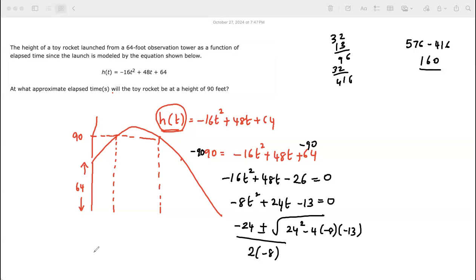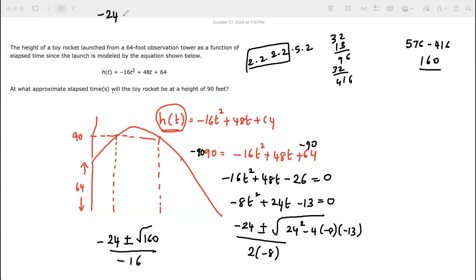So 160 you have, right? So I get minus 24 plus or minus square root of 160 by minus 16. 160, I need to see what it is. 2 is a 4, 4 is a 8, 8 is a 16, and then 5 and a 2. Now I can write this as minus 24 plus or minus 4 square root of 10, divide by minus 16.